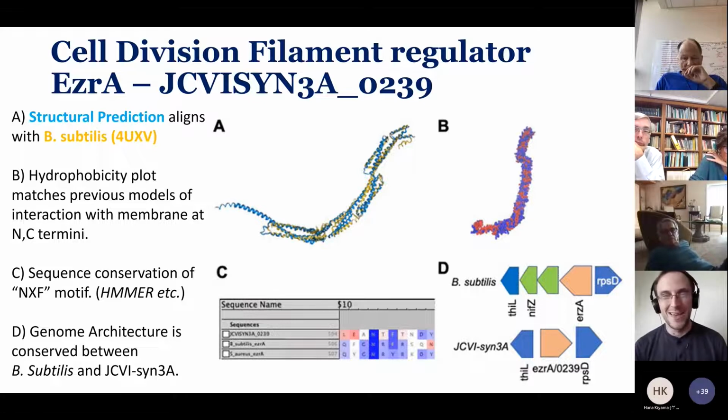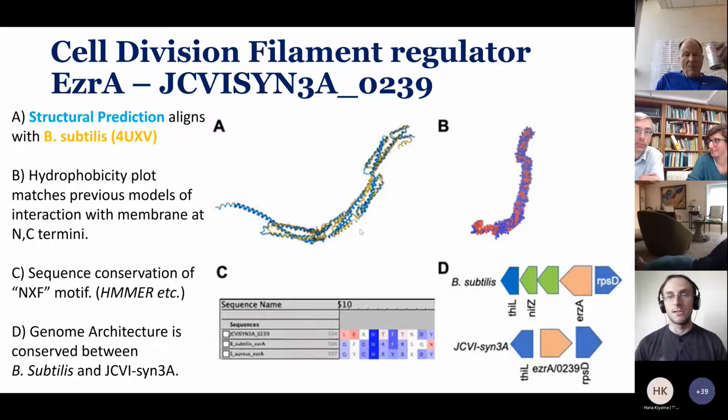And something that David Goodsell had shown really excellently in those hydrophobicity plots earlier in his presentation is we can see the portion of the structure that would be embedded in the membrane here is quite hydrophobic in red there, as well as having some support in panel D here from the genomic architecture in subtilis being quite similar to what it is in Syn3A in terms of the gene products neighboring this gene coding for EzrA.